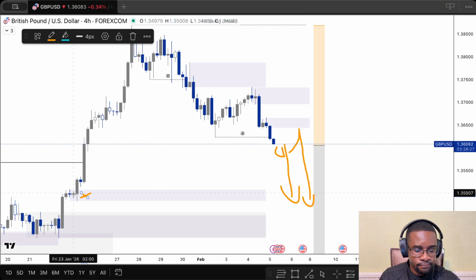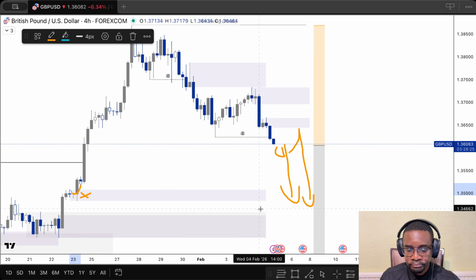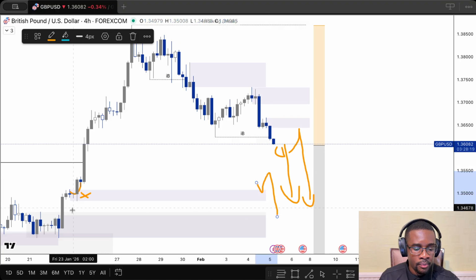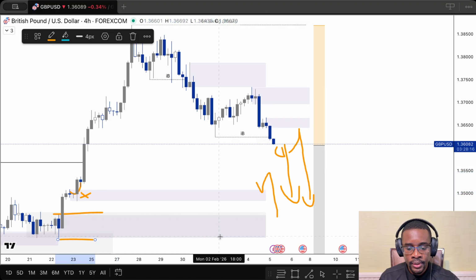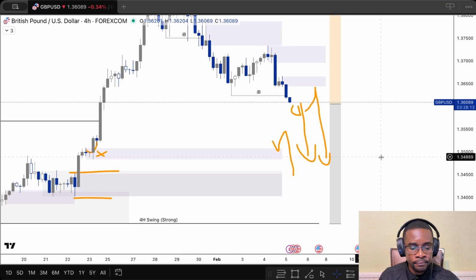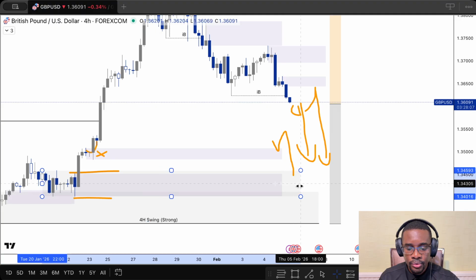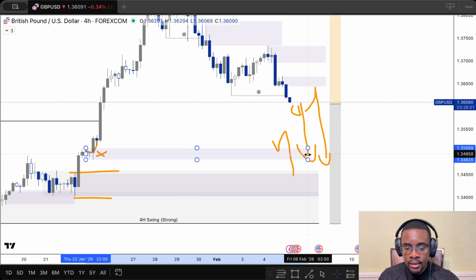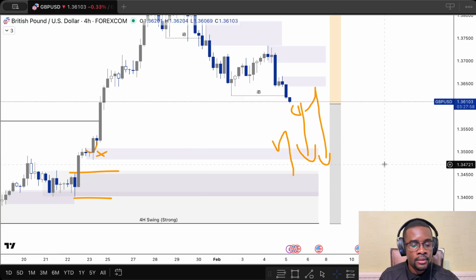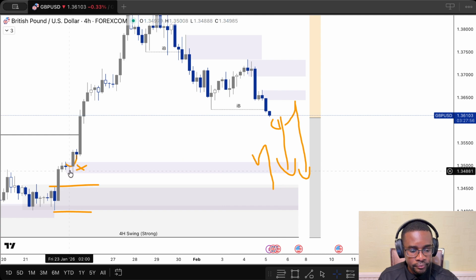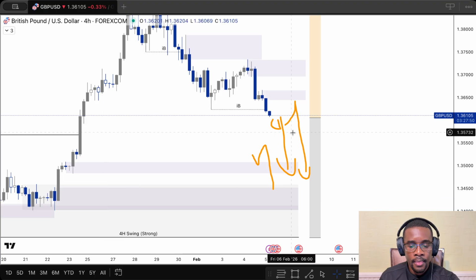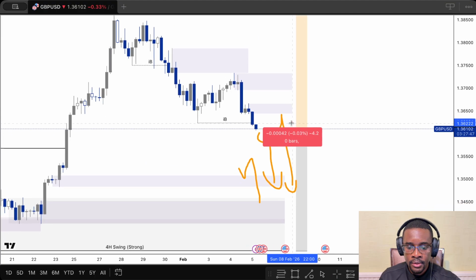It's a fractal structure, but depending on how price moves, we might get a reaction and then maybe push all the way down into discount close to this daily demand area, close to those daily demand areas. So that's how price is looking at the moment.